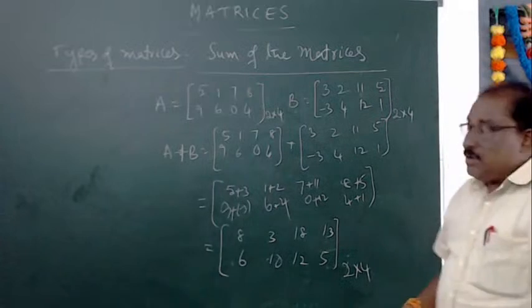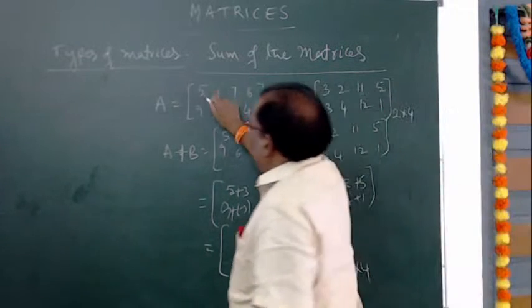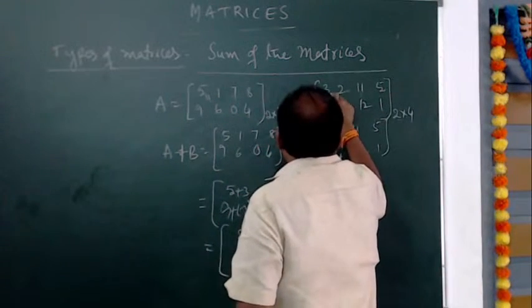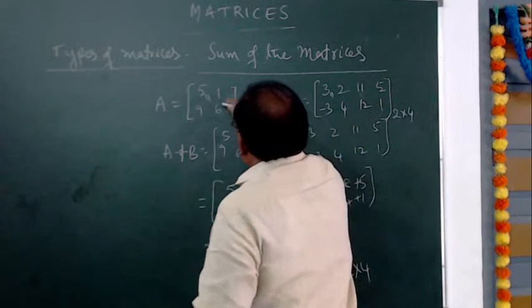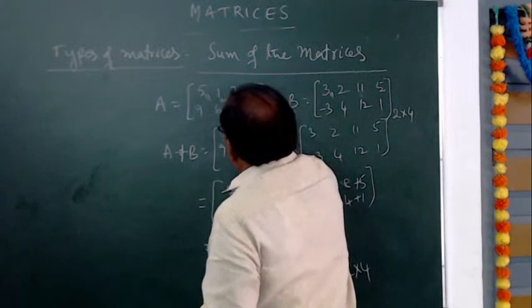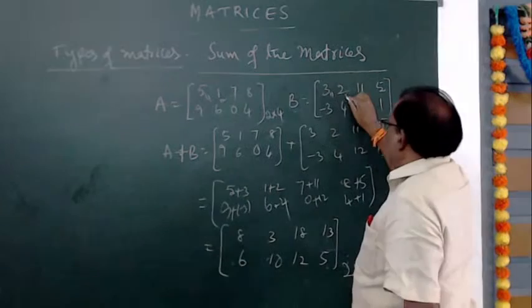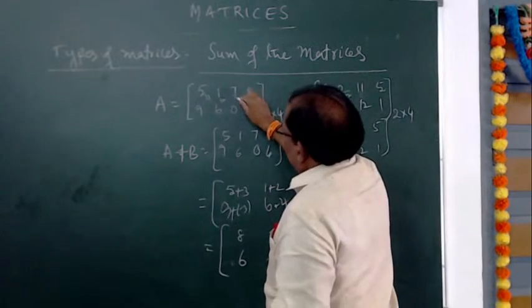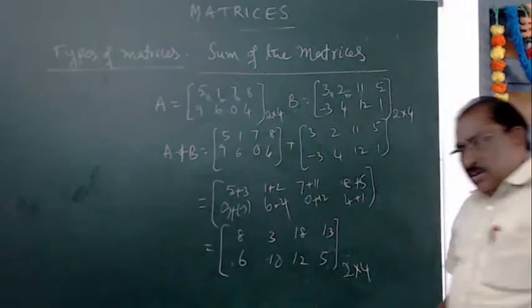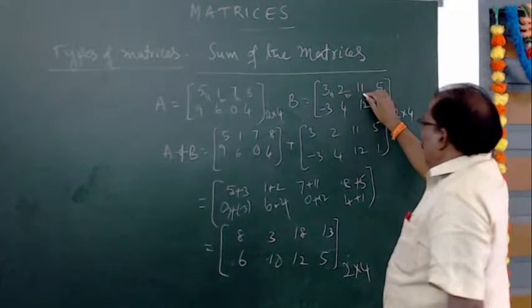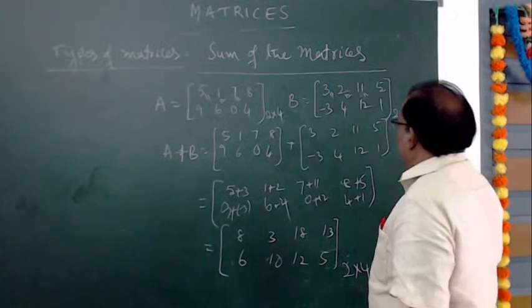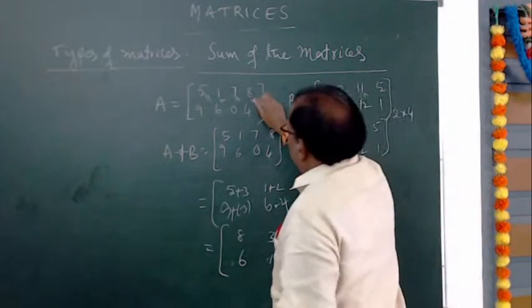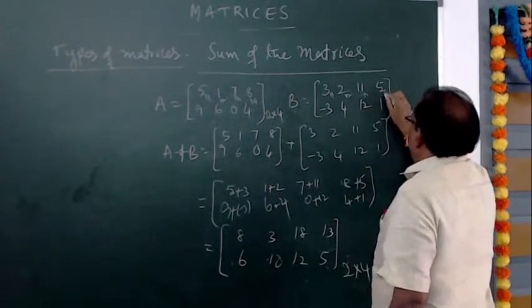Corresponding elements mean the 1 1 element is added with the 1 1 element, the 1 2 element with the 1 2 element of the other, the 1 3 element with the 1 3 position, like that 1 4 with 1 4.